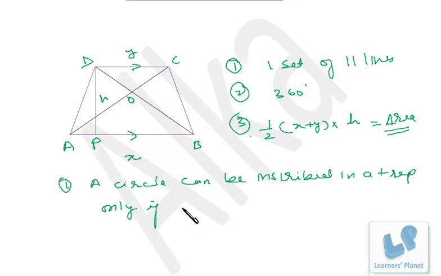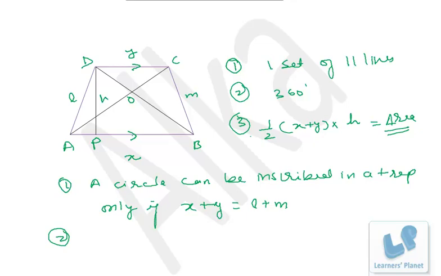So here x plus y is equal to, maybe I assume these to be L and M, right? So x plus y is equal to L plus M. That means the sum of parallel sides should be equal to the sum of non-parallel sides. Then only a circle can be inscribed in a trapezium, right?